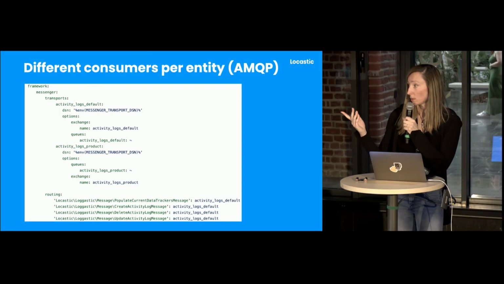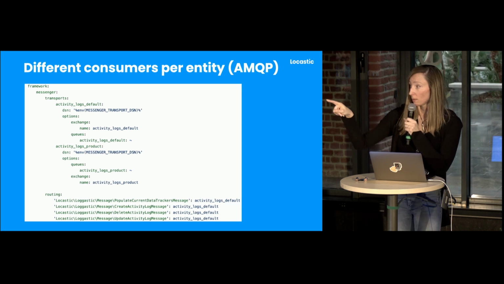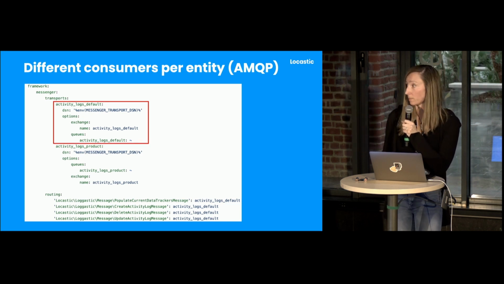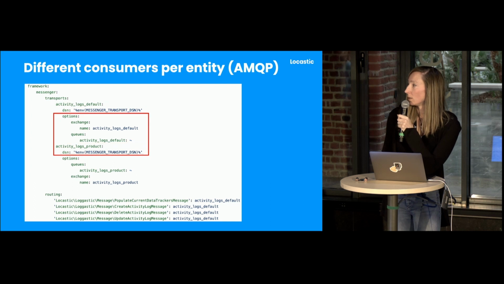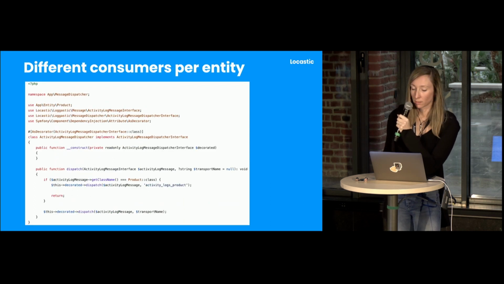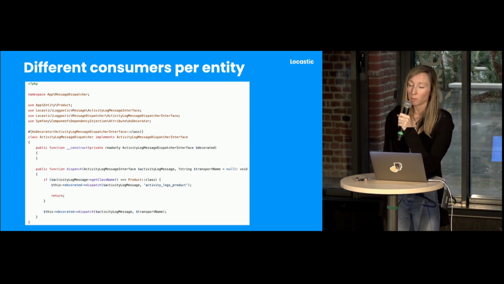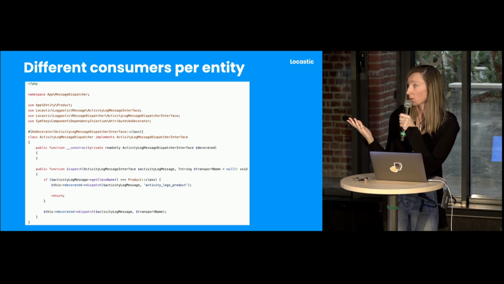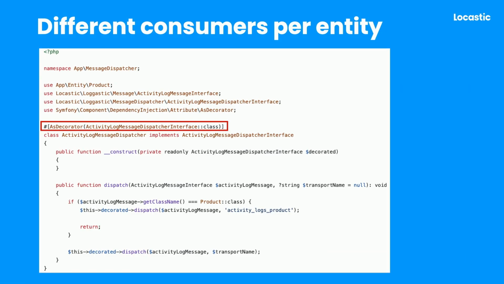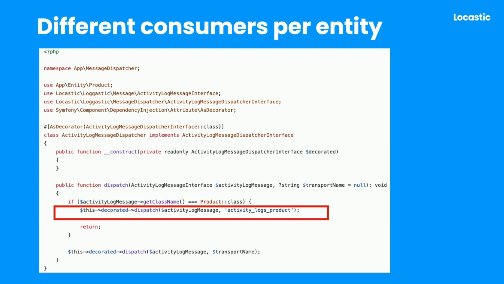But how do we manage that the product entity sends to the second transport? We do that by decorating the activity log message dispatcher. So this will by default just take the default transport and send it to that. But we can have our own logic.